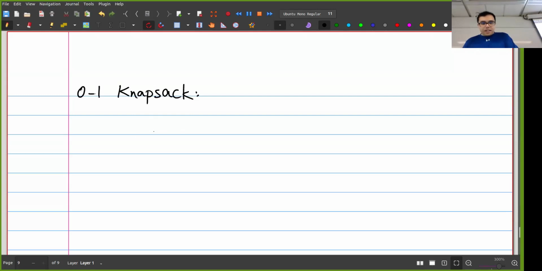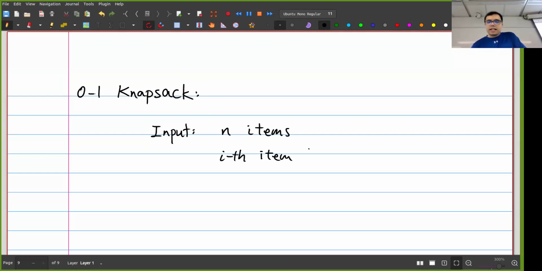So here's what I have in my input. I have a bunch of items, let's say n items. And I say that every item has a value and a weight, right? So the ith item has value vi and weight wi.